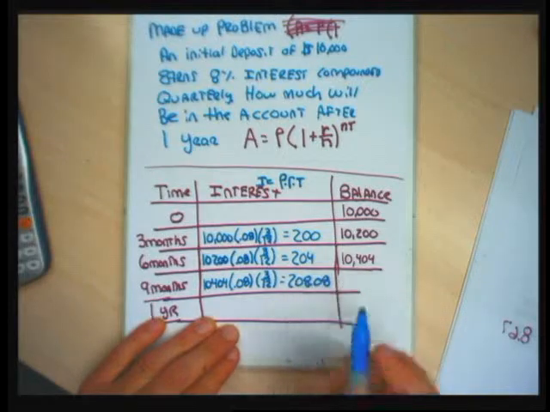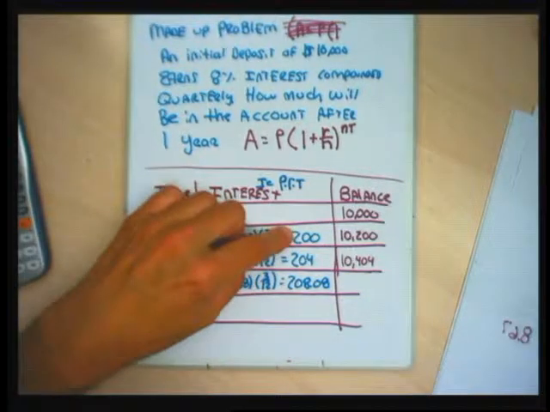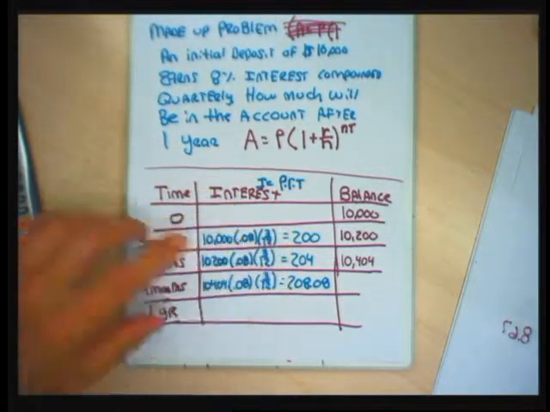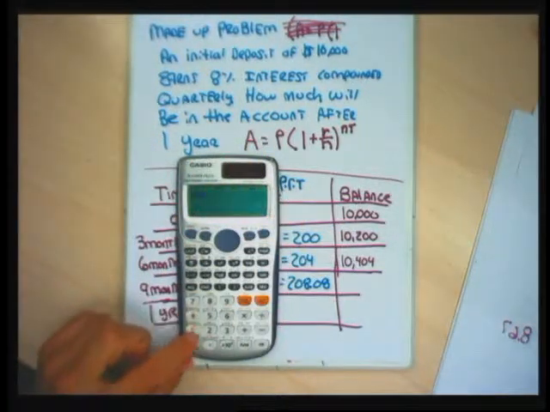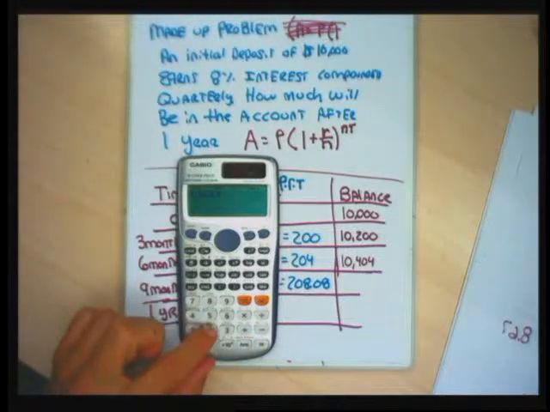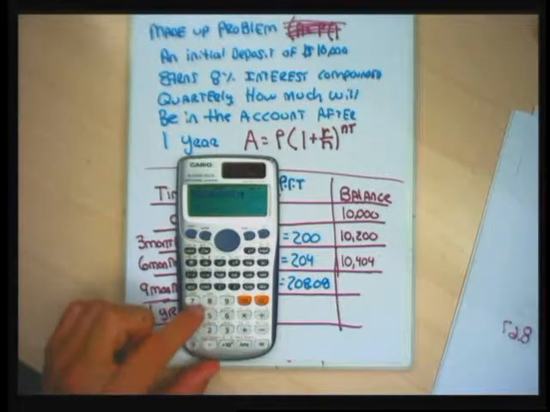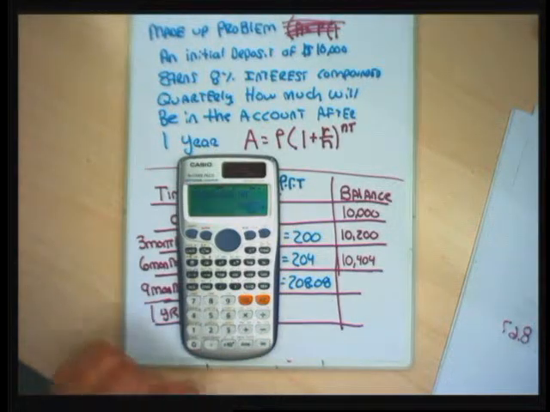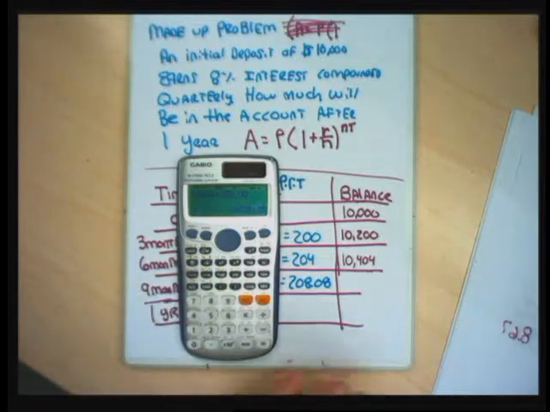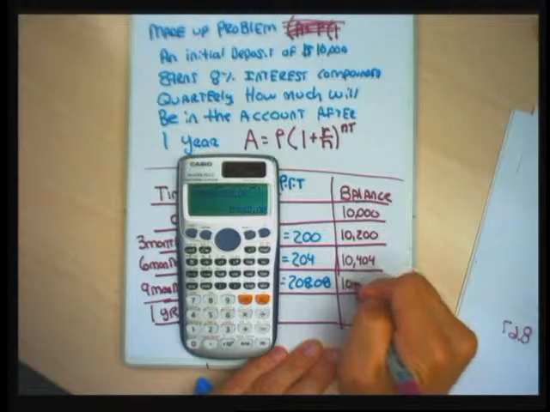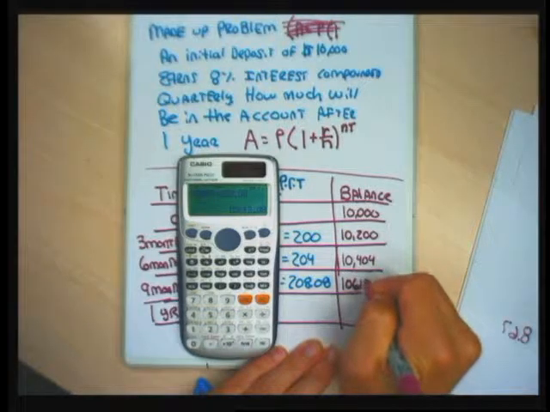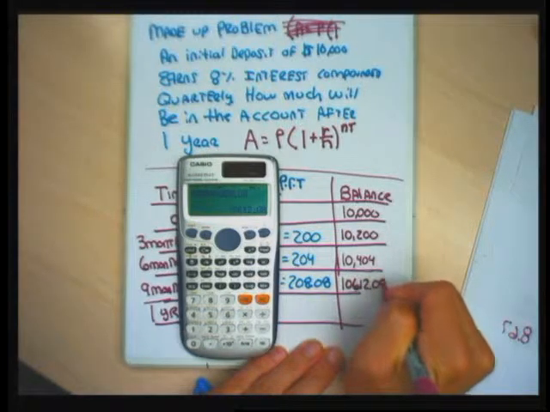So every time I get interest, it grows. The first time I get $200, then $204, then $208.08. Let me find out my balance by adding $10,404 plus $208.08. So after 3 interests or 9 months, I have $10,612.08.